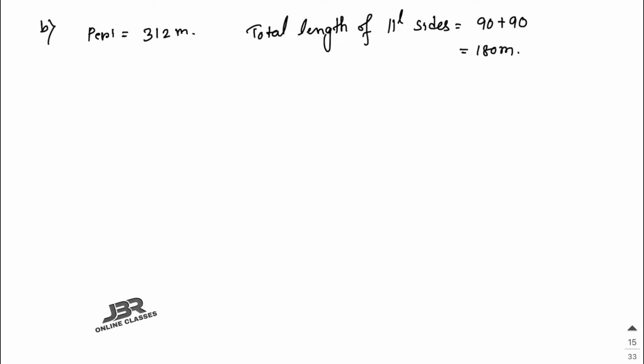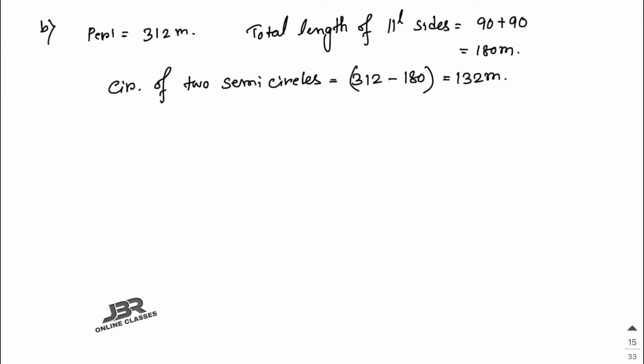Okay, and here the total length of parallel sides, write down, equals 90 plus 90, that is 180 meter. That means the circumference of two semicircles equals 312 minus 180, it's 132 meter.